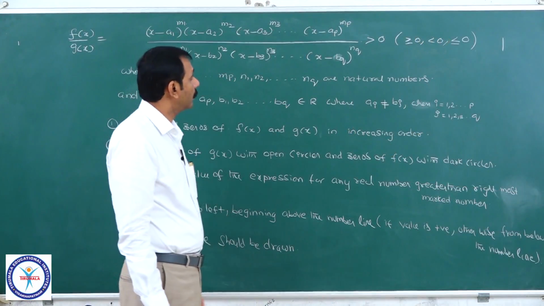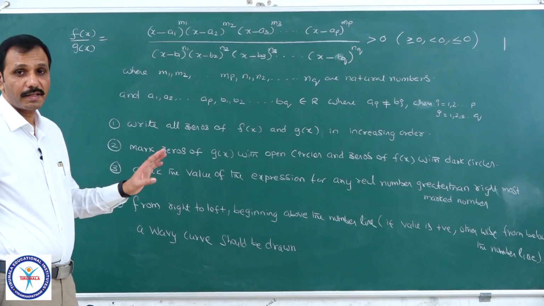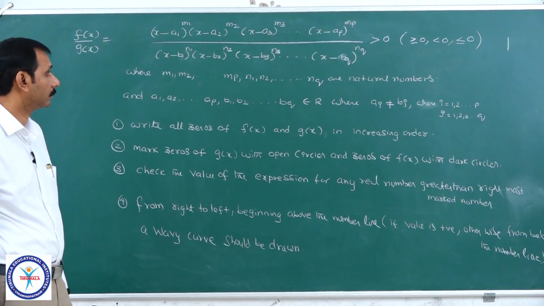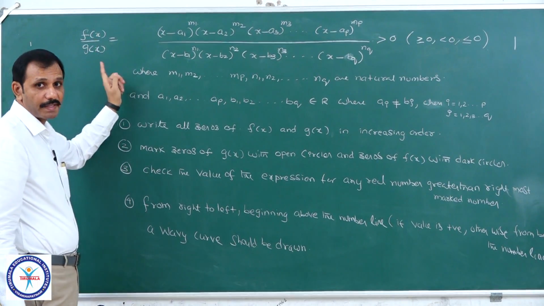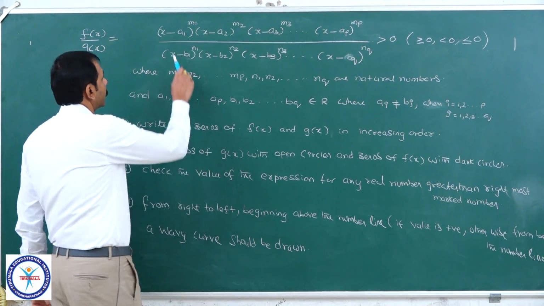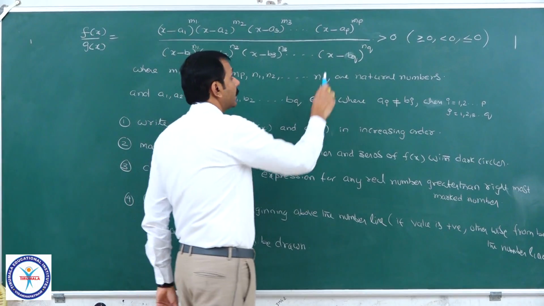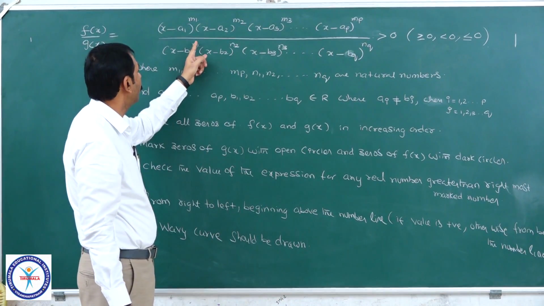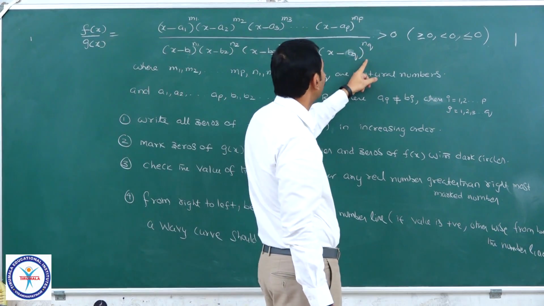Okay, this is the complete generalization of that wavy curve method. See here, consider a rational function of the form f of x by g of x, which is (x minus a1) whole power m1, (x minus a2) whole power m2 and so on, (x minus ap) whole power mp, divided by (x minus b1) whole power n1, (x minus b2) whole power n2 and so on, (x minus bq) whole power nq.